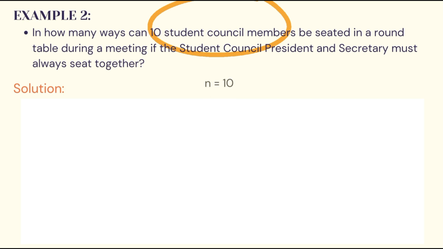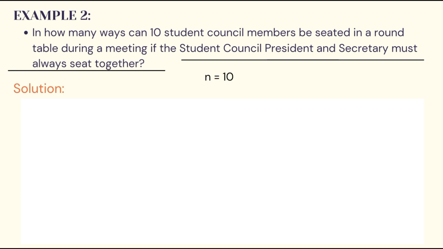Hence, n will be equal to 10. However, since there is a certain condition that the student council president and secretary must always sit together, they will be counted as 1. Hence, n will be equal to 9.